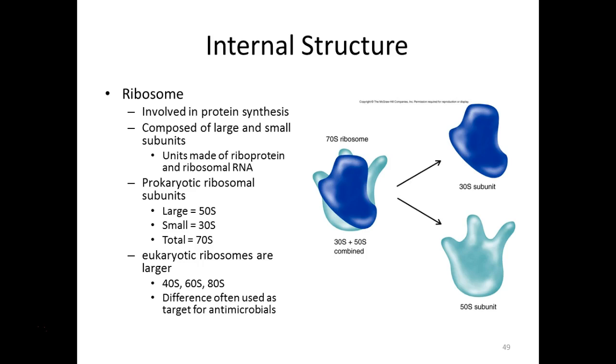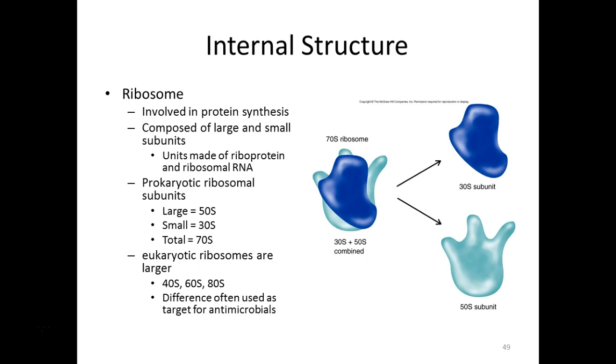And this is important too as we apply this to antimicrobials or antibiotics. Some of them literally bind to different components on the different subunits of the ribosomes and therefore interfere or stop protein synthesis. It's good news for us that our ribosomes are different from bacteria, right?